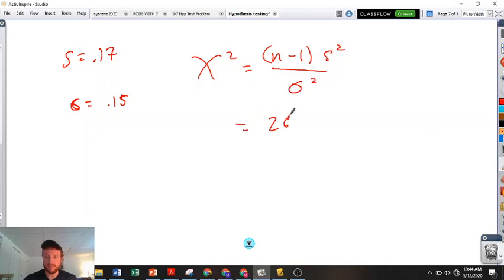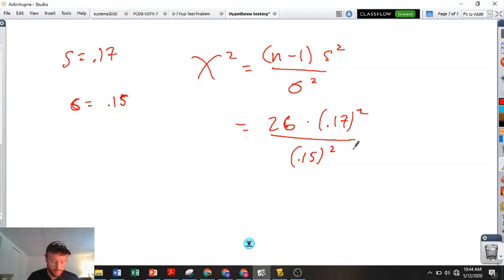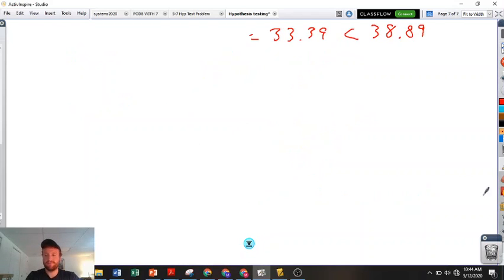So 26 times 0.17 squared over what we're assuming. 26 times 0.17 squared divided by 0.15 squared is 33.39, and that is less than 38. We failed to reject again.